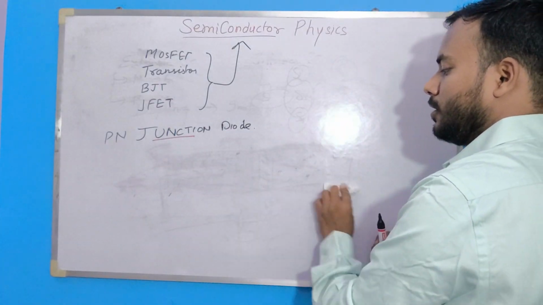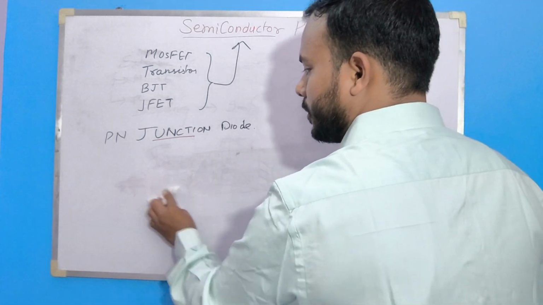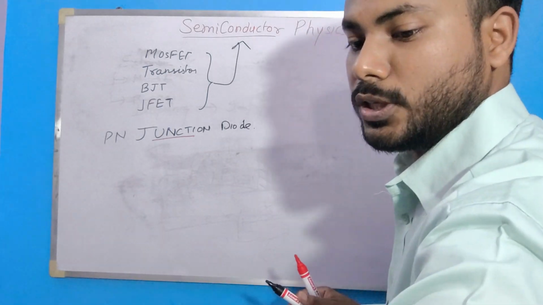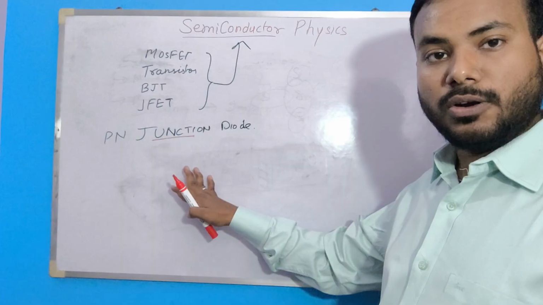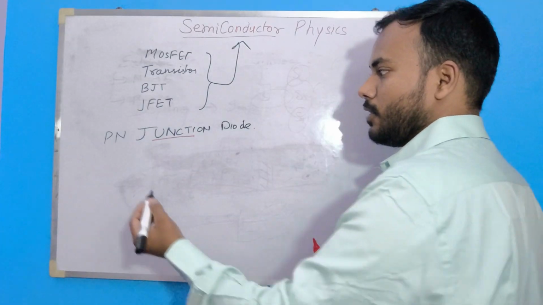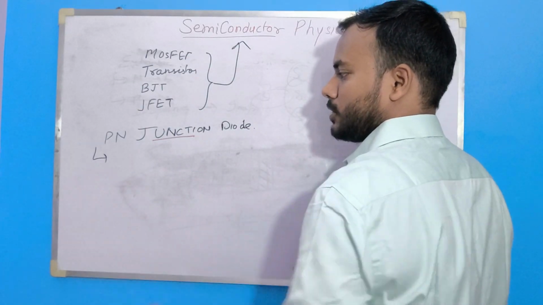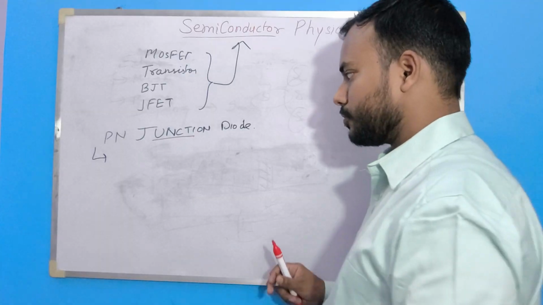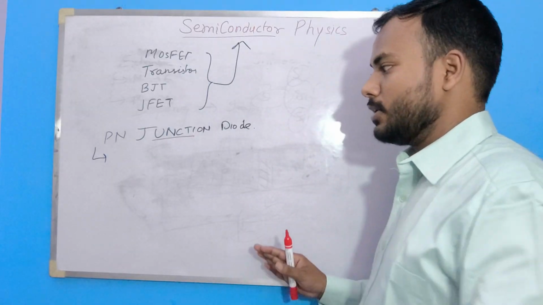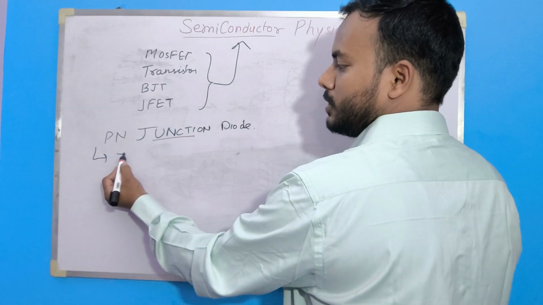And in semiconductors, we have one more thing. The p-n junction is not the only diode. We have different types of diodes. Sometimes it is known as Zener diodes.